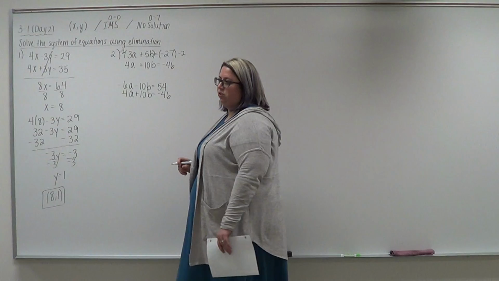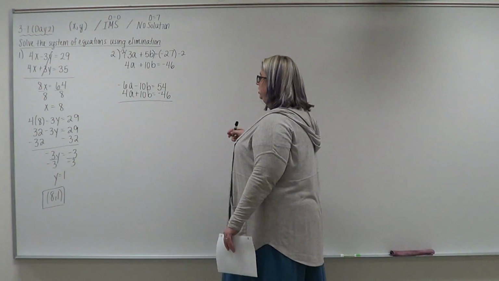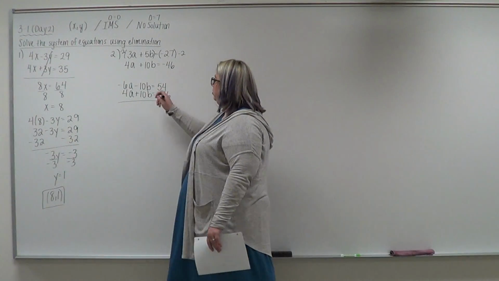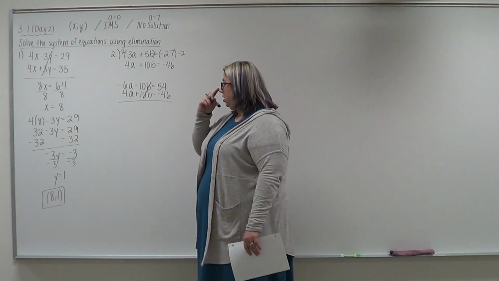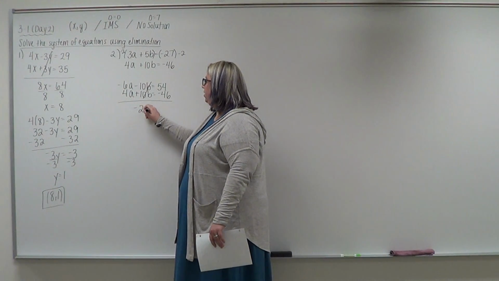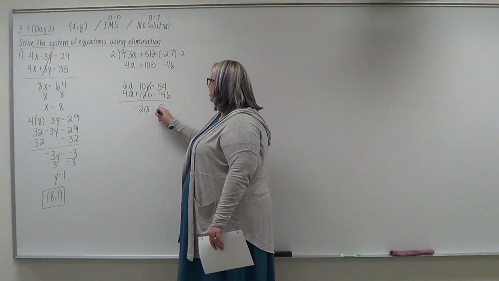And then I could solve using elimination. Because now, my b's, one's positive, one's negative. So when I add down, those cancel. Negative 6a plus 4a is negative 2a. 54 plus negative 46 would be positive 8.